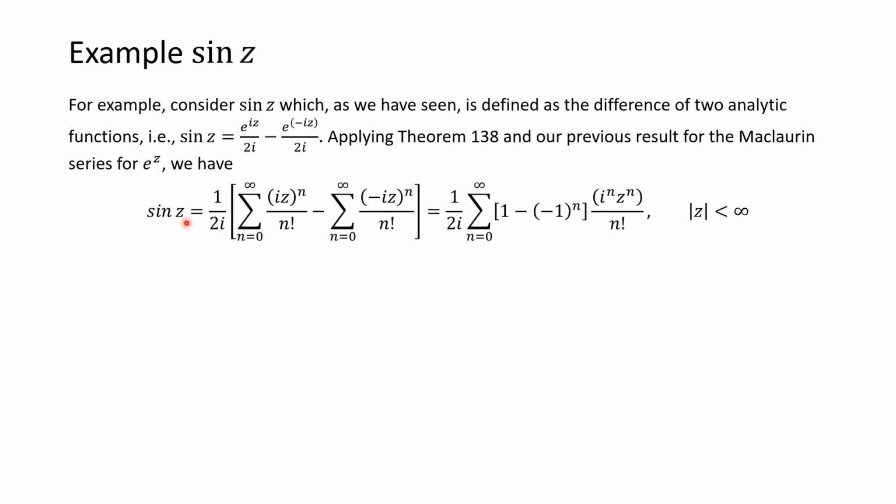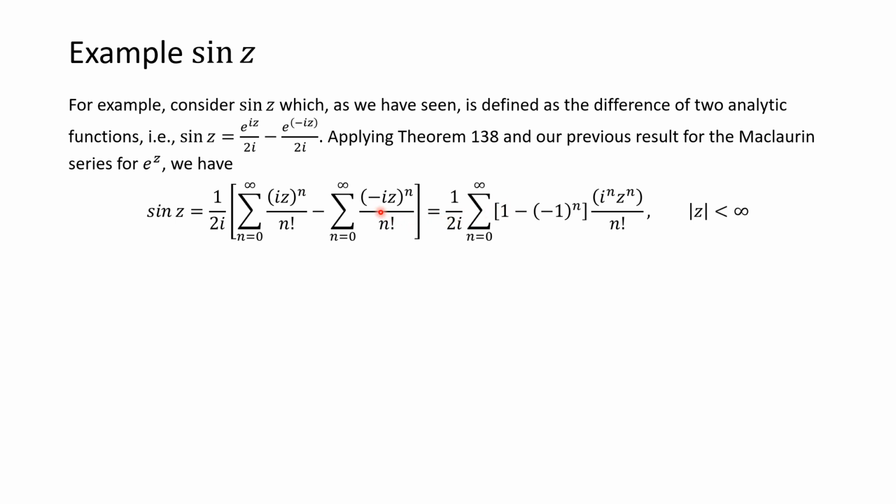So we have here sine of z is 1 over 2i. We just factor that out. And then we plug iz into the Maclaurin series for e to the z and do the same for e to the minus iz. And then we subtract these coefficients and get just one summation here.